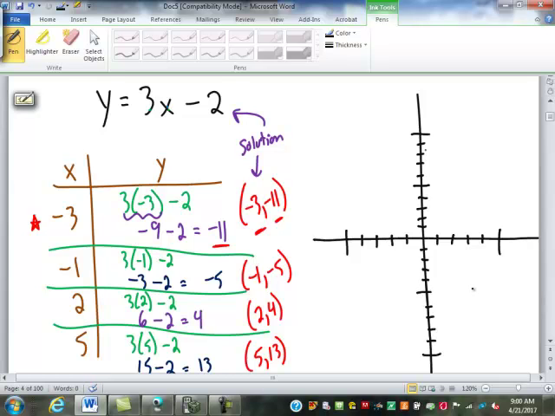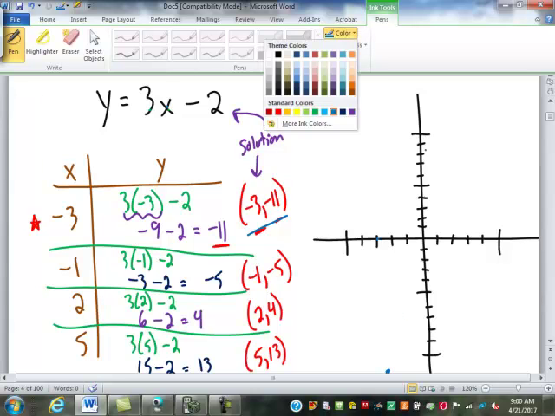Now you'll notice I made the spacing a little tighter on the vertical axis than I did the horizontal. That's just fine. You don't have to have the same scale on each axis as long as it's consistent within that axis. So now I can plot these points. -3, -11. X is -3. Y is -11. It'll be down here. Got to go another point yet.